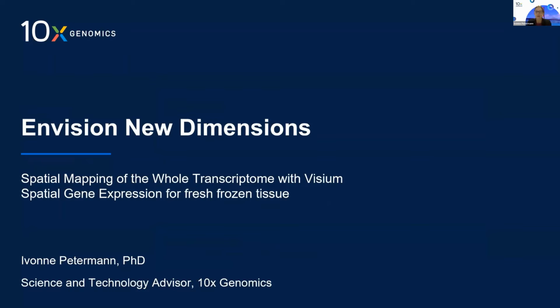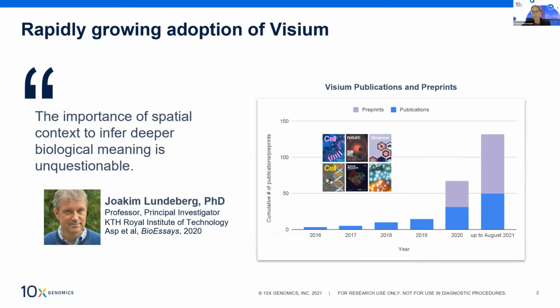I want to use my next 20 minutes to introduce the Visium spatial gene expression workflow, or the product as such, with a few updates of what's coming, as well as giving you some examples of use cases outside of cancer, which will be followed, after my talk, by a great example of Visium and how it can be used.